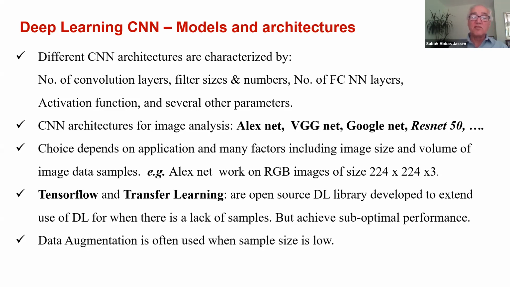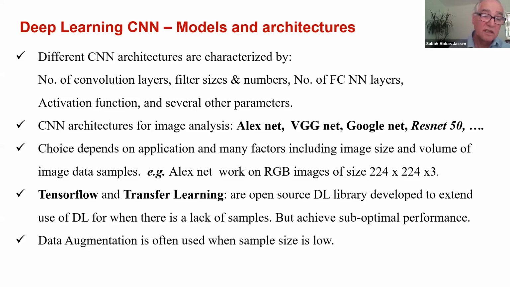The choice depends normally on many factors, including the image size that you are allowed to use and the volume of image data samples. Of course, the image size is a problem sometimes for medical things, because if you are taking scans of tumors, then this could come in any size, and that could be a problem.